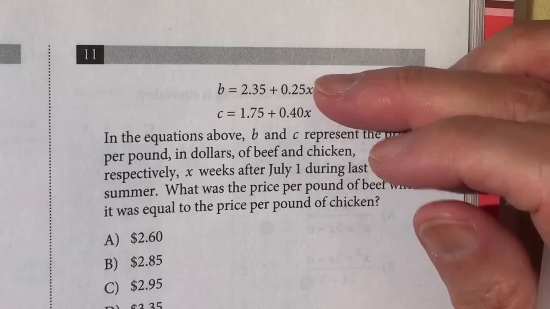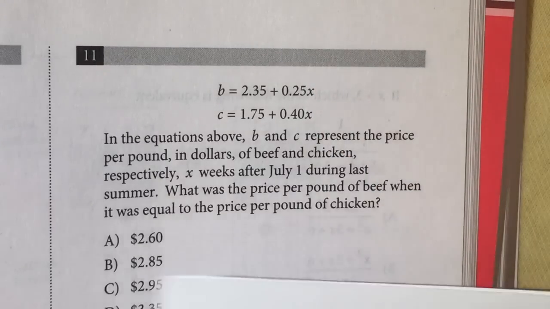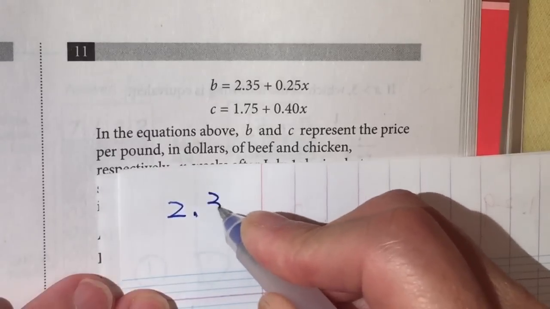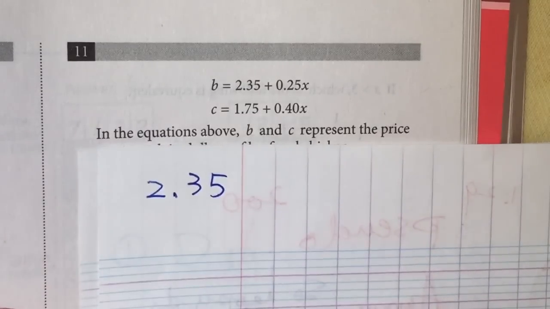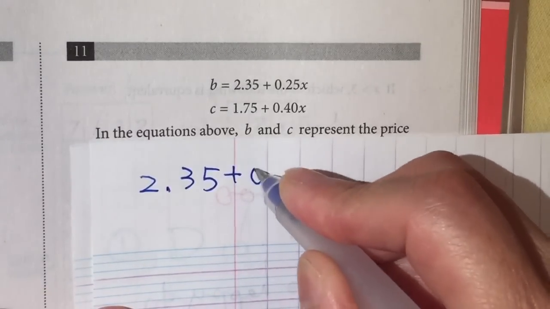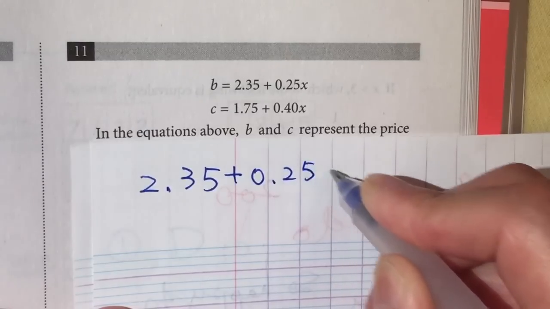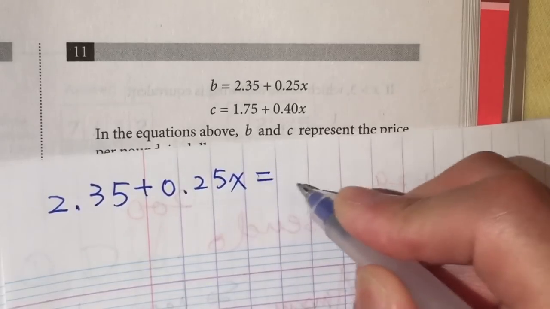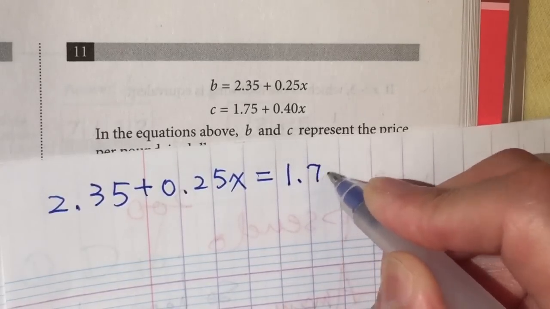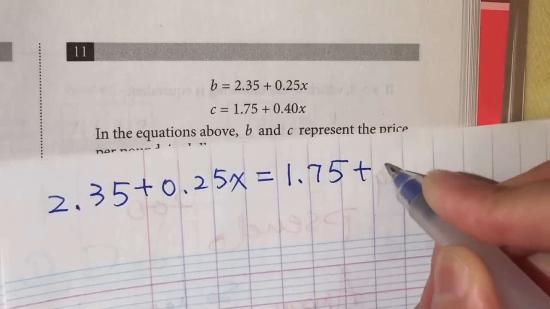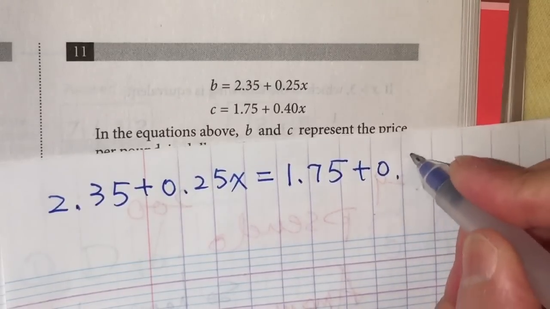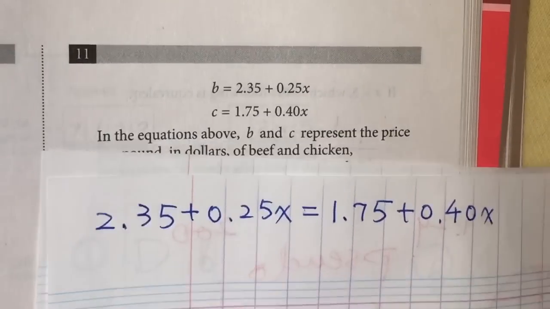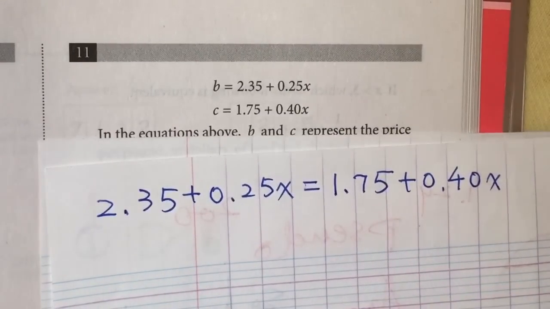So we can put these two equations into one simple equation: 2.35 plus 0.25x, beef price, equals chicken price, 1.75 plus 0.40x. There are too many points.